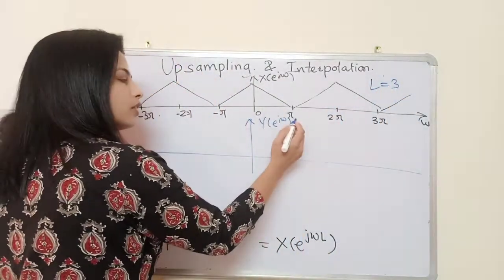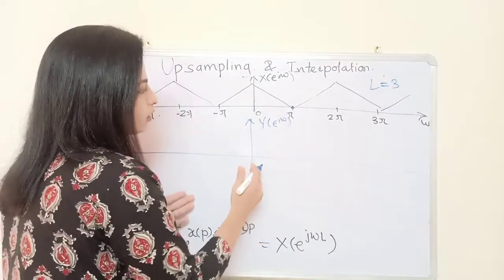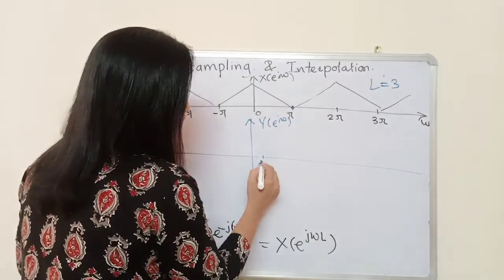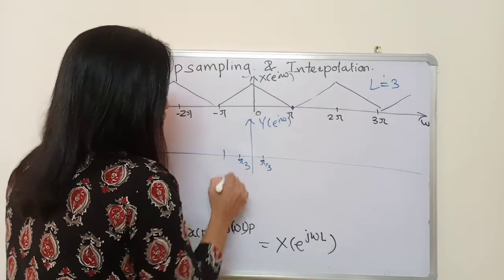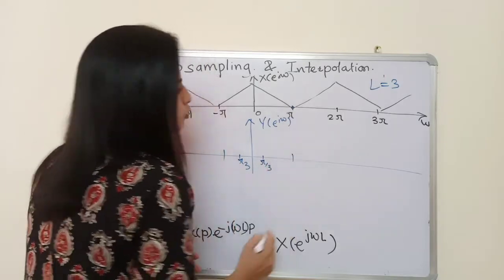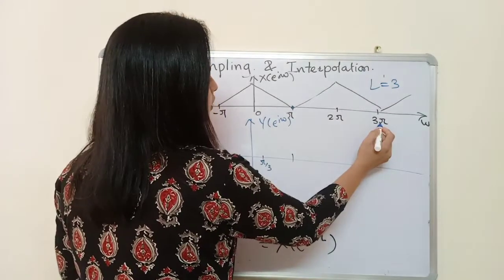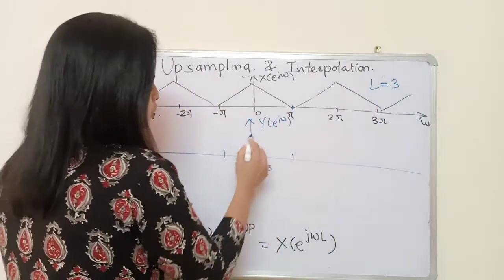So this point pi will occur at pi by 3. Here pi by 3 is there. So at pi, which point will happen to be there? The 3 pi point. So at pi we will observe the 3 pi point.